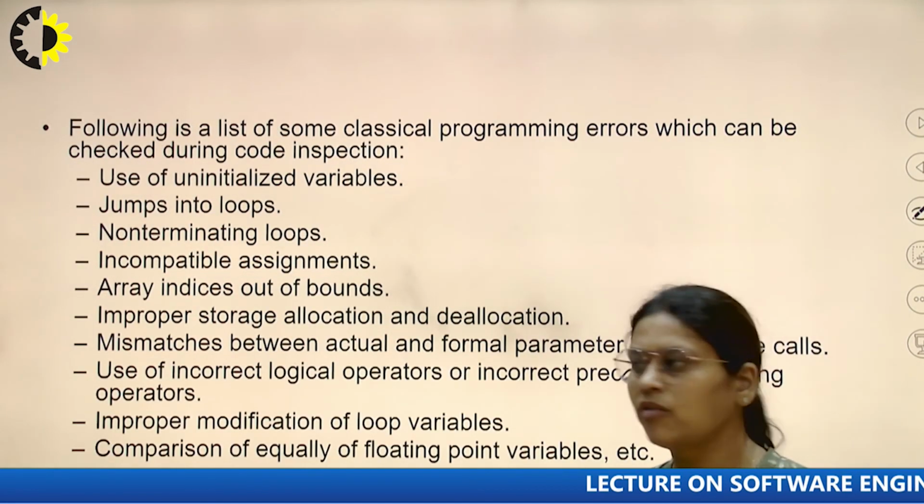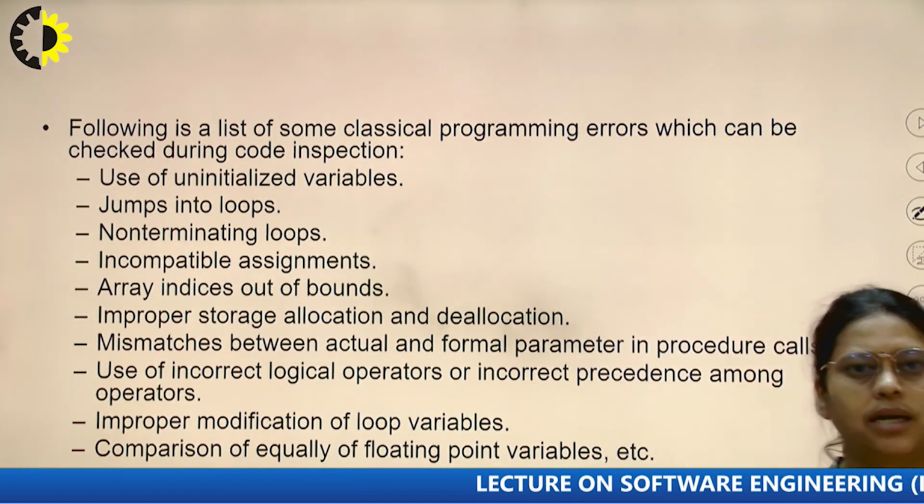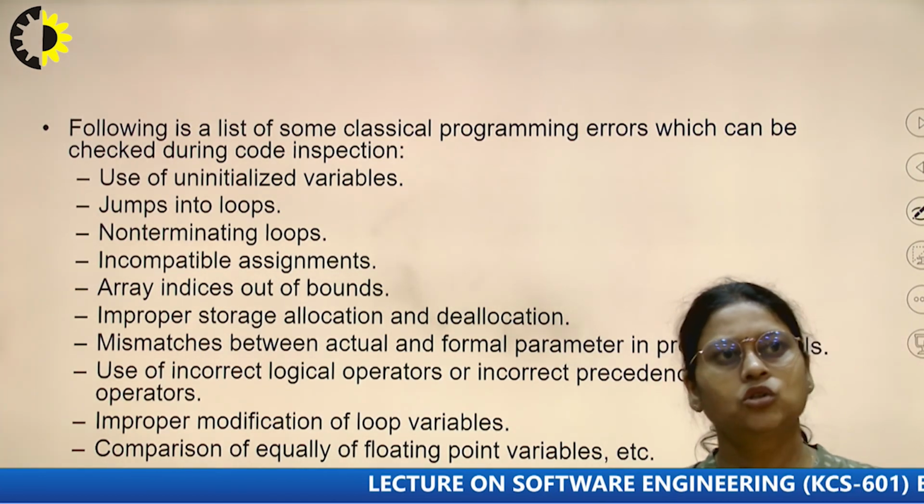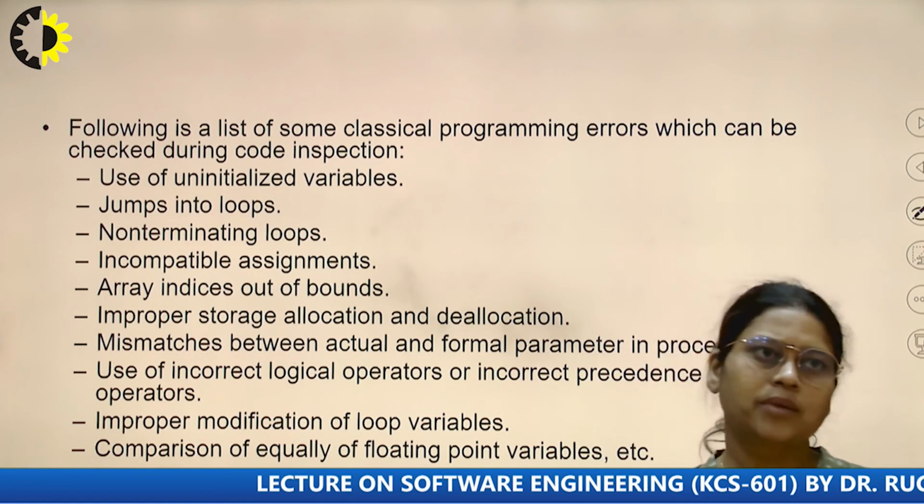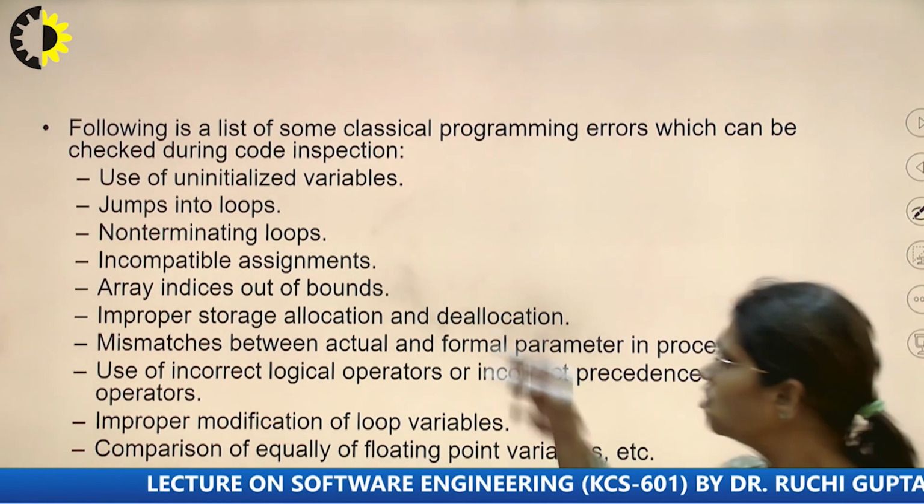So these are some errors which have to be considered at the time of code inspection. Following is a list of some classical programming errors that are checked during code inspection.